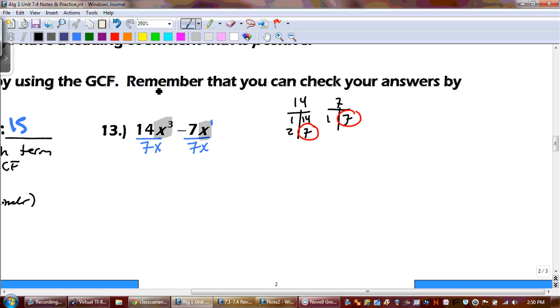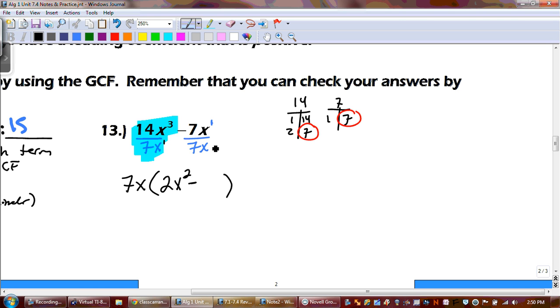So your final answer has the GCF out front, and now we're going to figure out what the remainder is. 14 divided by 7 is 2. And now we subtract the exponents. x cubed divided by, or subtracted from x to the 1 gives us x squared.